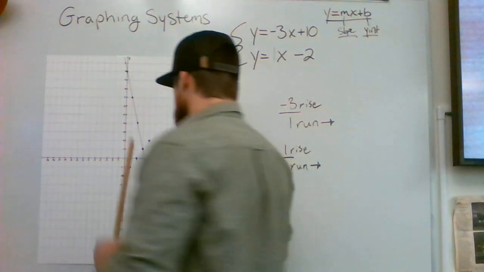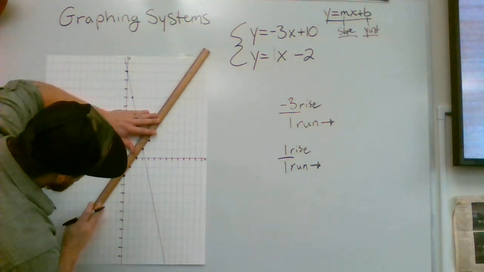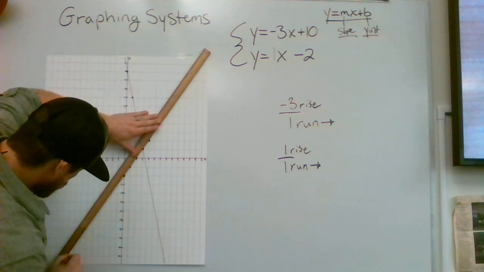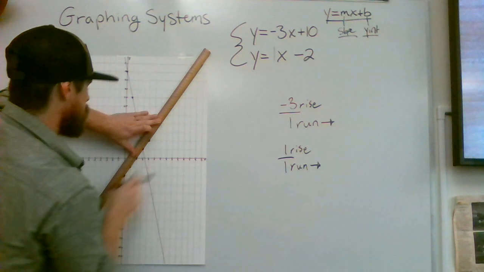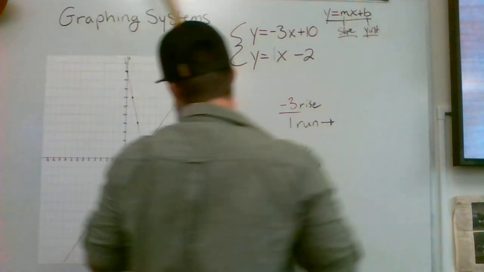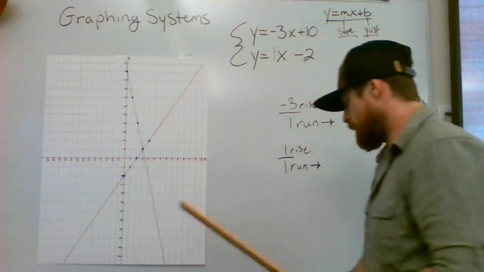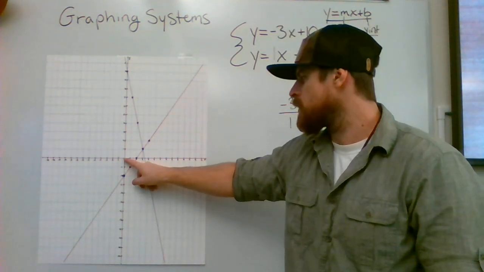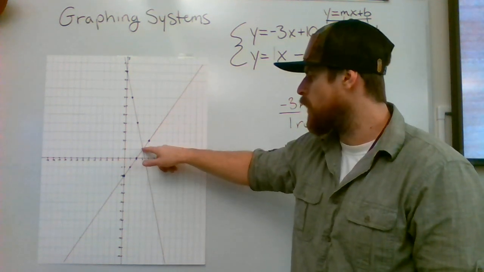So let me scratch this line on, and we can give our answer. I'll line these up. We have our two lines. That is the point of intersection. Therefore, our solution is, start from the origin, 0, 0, 1, 2, 3 over to the right, 1 up.